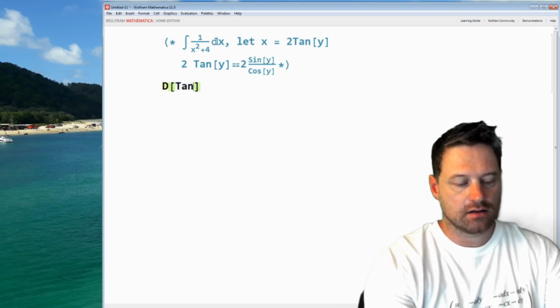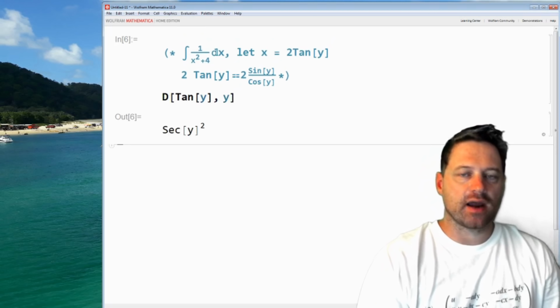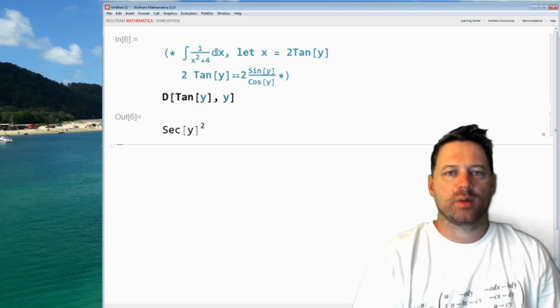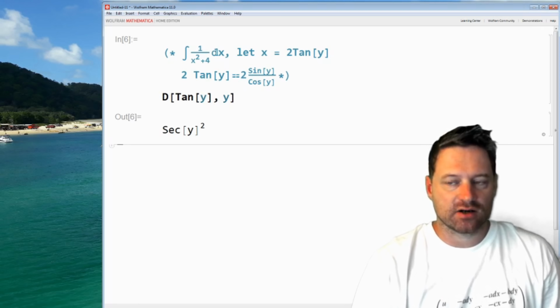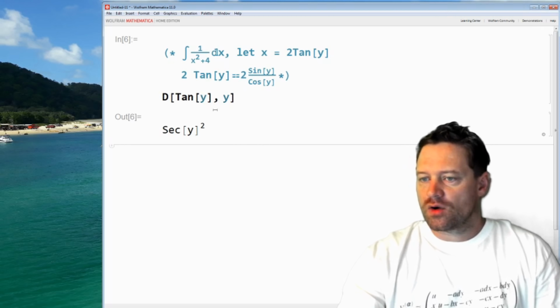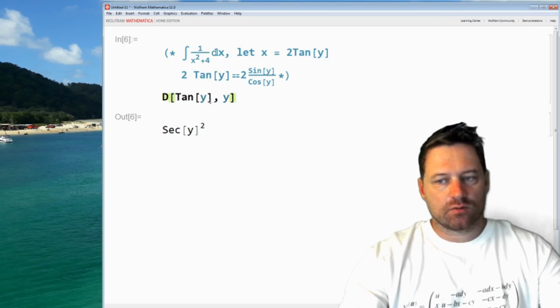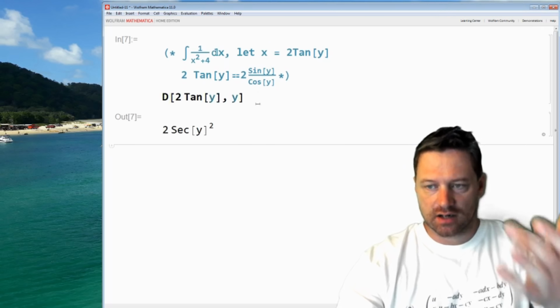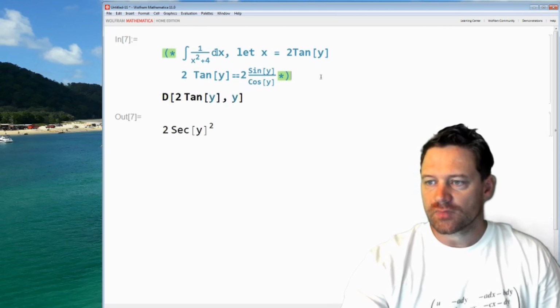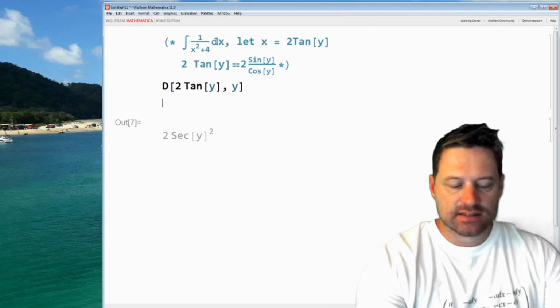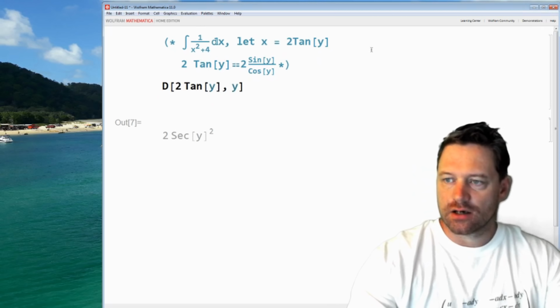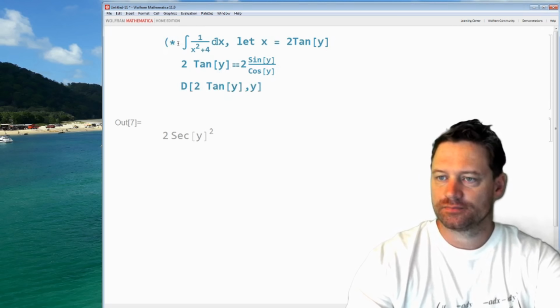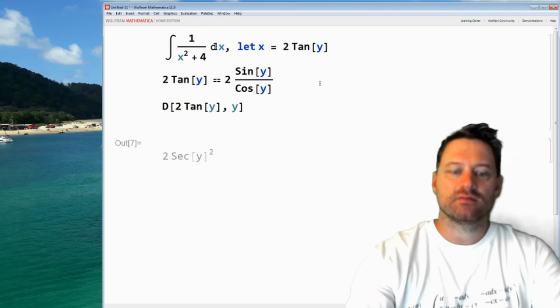Shift enter, see what we get. Sec squared. Now if you remember what sec is, it is 1 divided by cos of y. Sec of y, 1 divided by cos of y. So twice that. Well, this will be just twice this. Now that we have that, let's come down here and continue. I can take the comment off to make it brighter so we can see it.